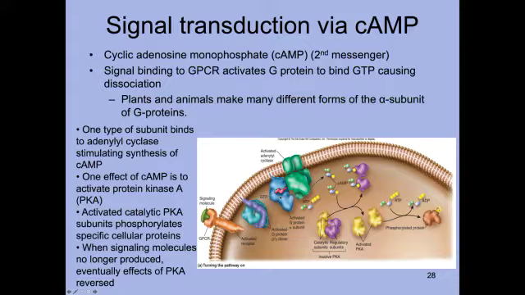The alpha domain moves over, passing the beta gamma, across the cell membrane to an enzyme known as adenylyl cyclase. Adenylyl cyclase is going to take ATP molecules and start building what's known as cAMP, or cyclic AMP. Cyclic AMP is then going to become a second messenger.